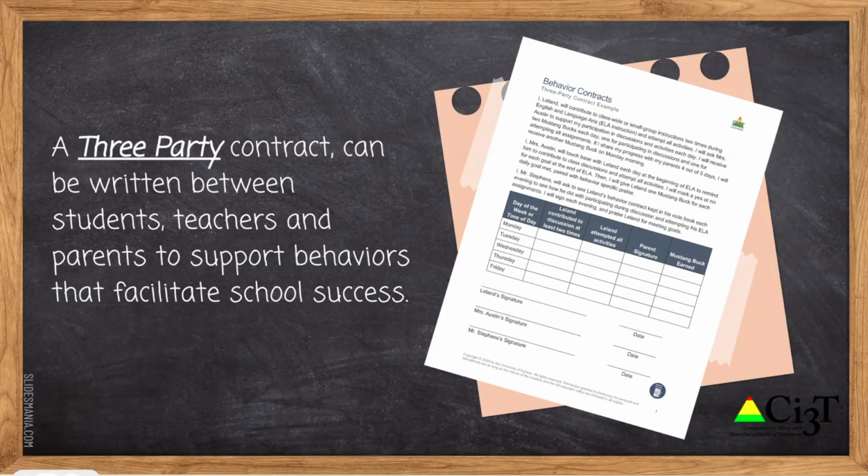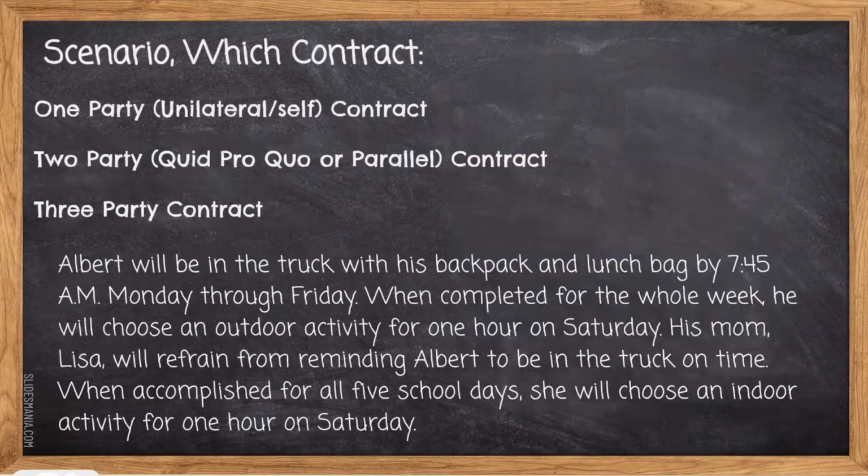So three-party contracts, like I said, usually have the student, the teacher, and the parent all working together to address the behavior of concern, and to make it happen across all settings where that behavior can be addressed and rewarded as needed.